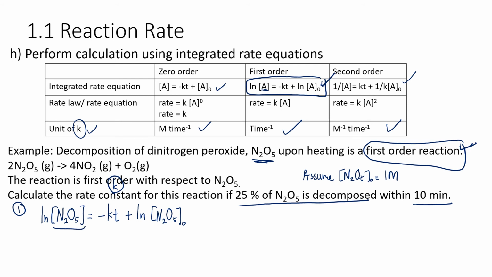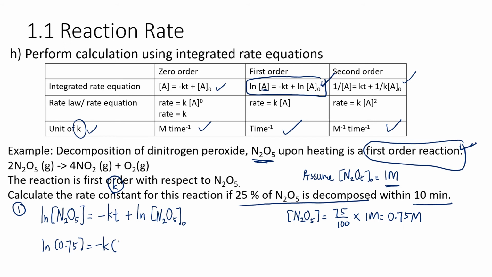And in the formula here, this is referring to remaining concentration. 25% decompose means that remaining will be 75%. Initial concentration 1 molar, therefore remaining concentration is 0.75 molar. Then we can substitute into the formula to find the rate constant.